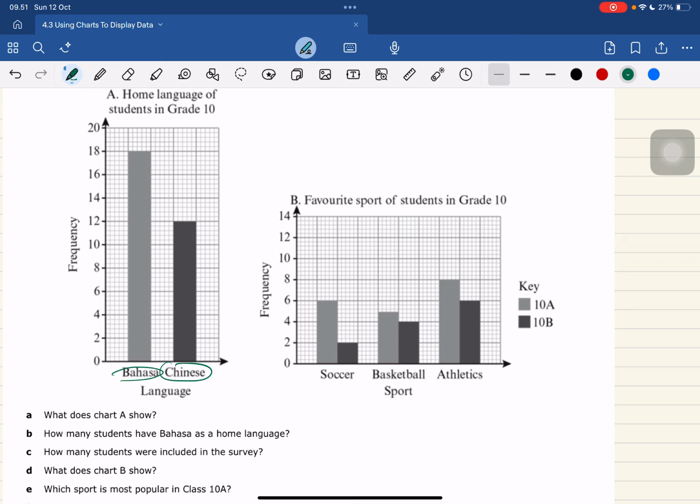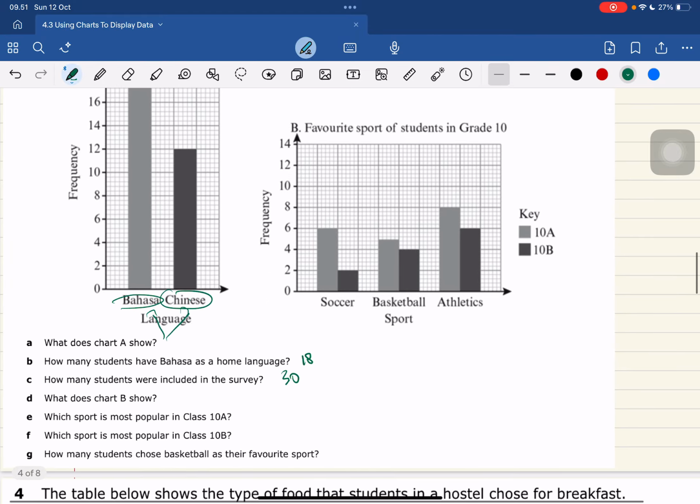So it shows the number of students in grade 10 whose home language is Bahasa and Chinese. Okay. B. How many students have Bahasa as a home language? Okay, it's 18. Next. How many students were included in the survey? So 18 plus 12 is 30.